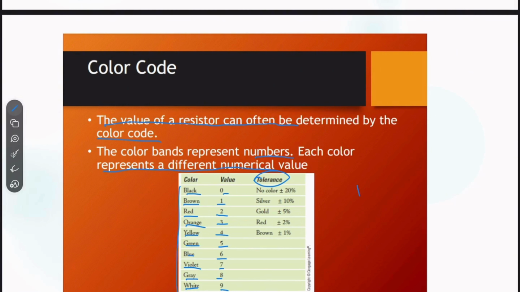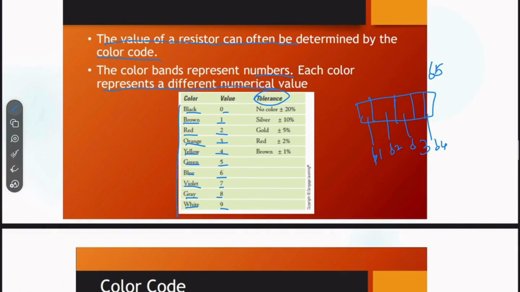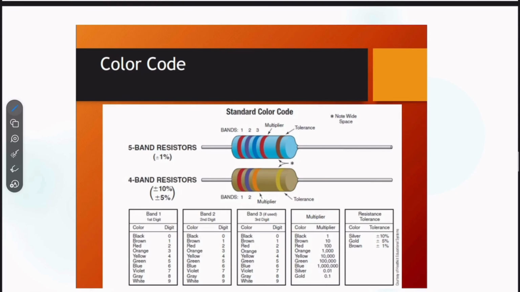So these are the colors we could have on the resistor. They have different colors. So this is band 1, band 2, band 3, band 4, or band 5. This is the standard color code. We have 5-band resistors.